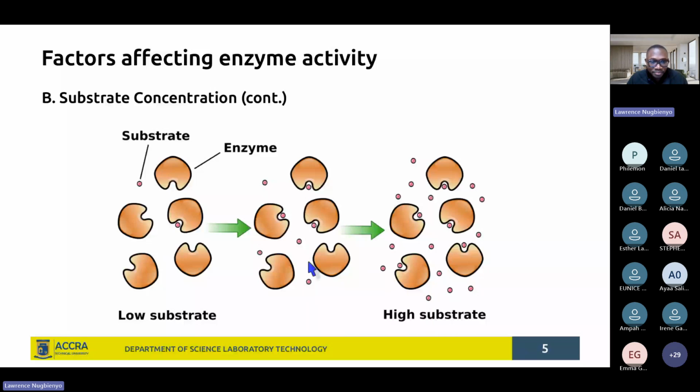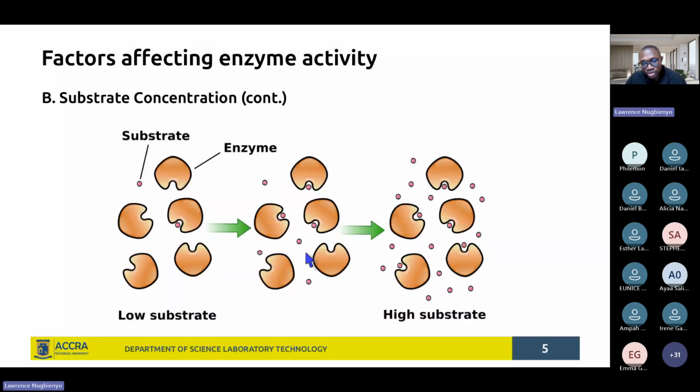So what it means is, from the first point to the second point where you are increasing substrate concentration, there will be increasing rate of reaction because you have more products being formed once you have enzymes binding to these substrates to give you products.